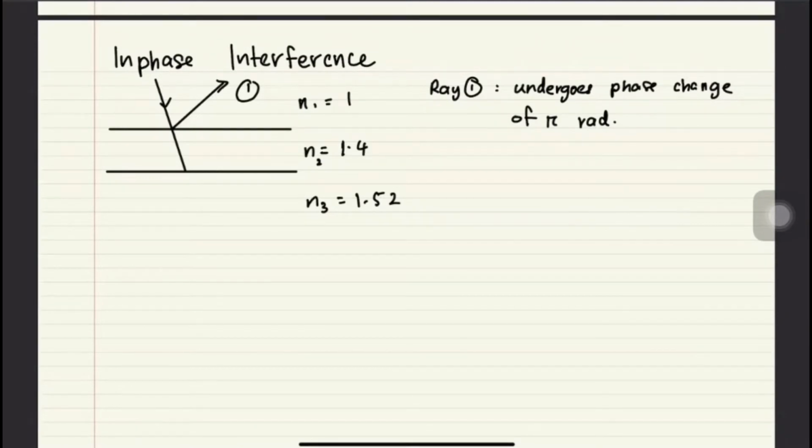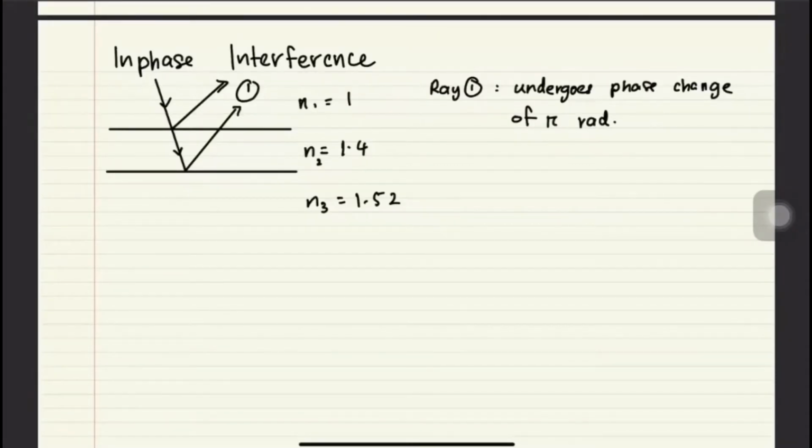Okay, so we want to discuss about the next ray lah. Like I told before, part of this ray will be refracted and then it goes to the second surface there. And then it will reflect as well over here from the second surface. Ray 2.